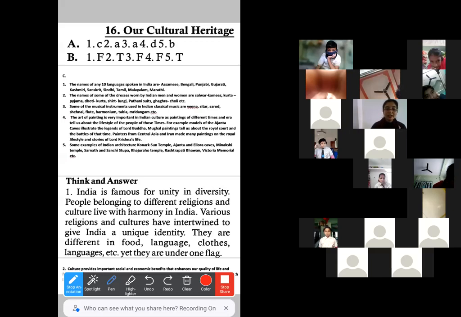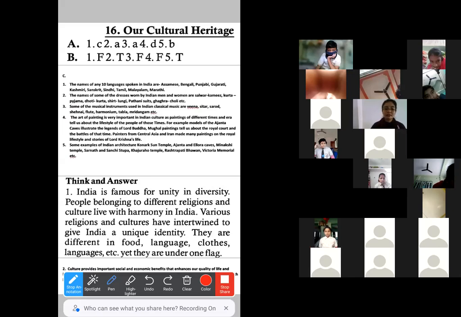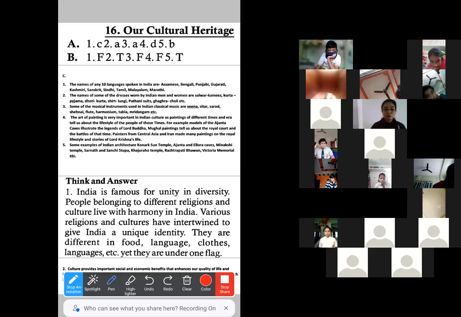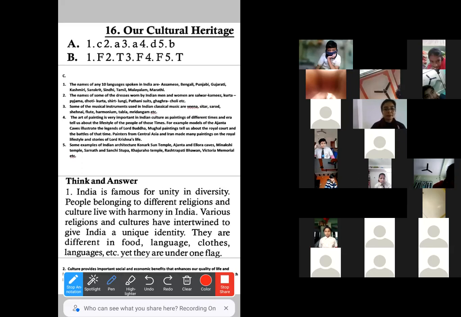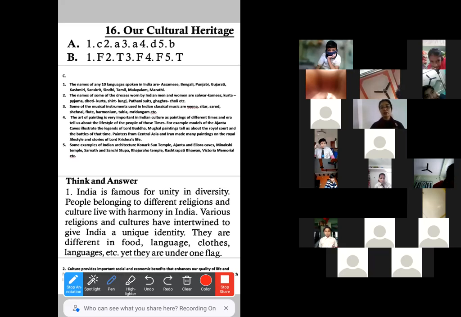Now, question number 5, give some examples of Indian architecture. Some examples of Indian architecture are Konark Sun Temple, Ajanta and Ellora caves, Meenakshi Temple, Sarnath and Sanchi Stupa, Khajuraho Temple, Rashtrapati Bhavan, Victoria Memorial, etc. In your book it is written in detail, but the question is, give some examples.